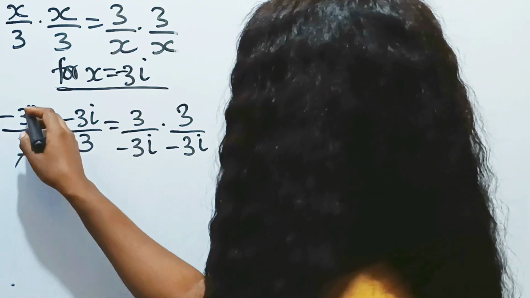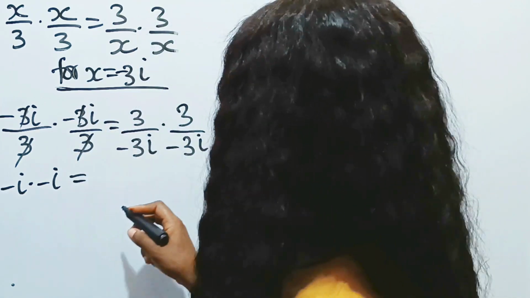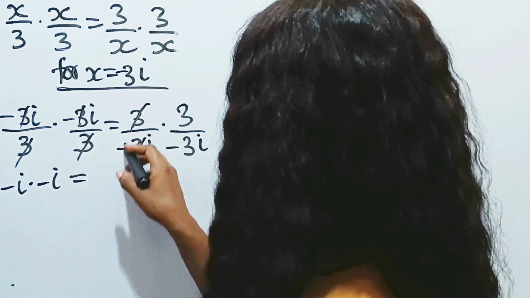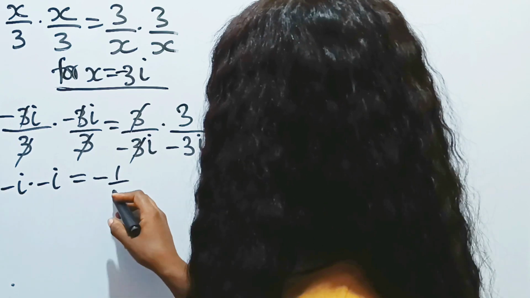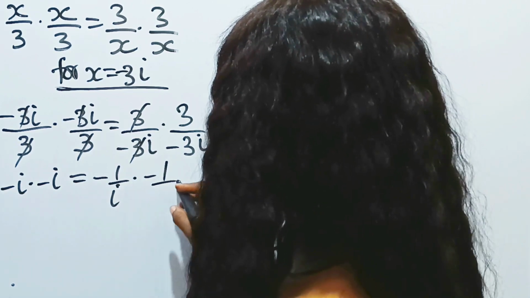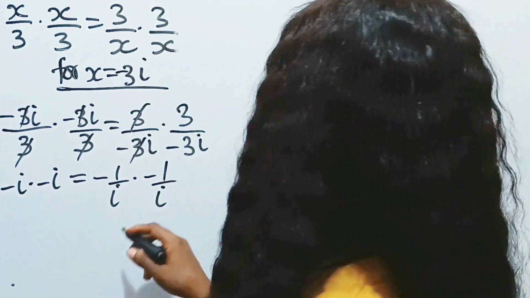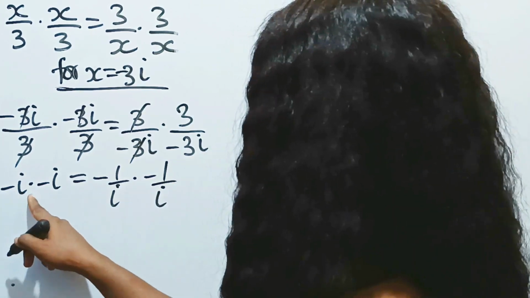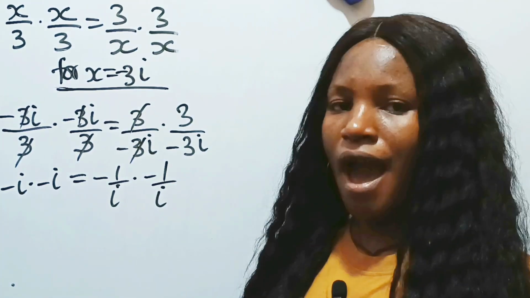Okay, now this will cancel this, so we have minus i multiplied by minus i, because this will also cancel this, is equal to, this will cancel this, we have minus 1 over i, multiplied by another minus 1 over i.